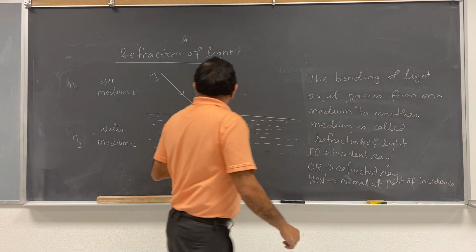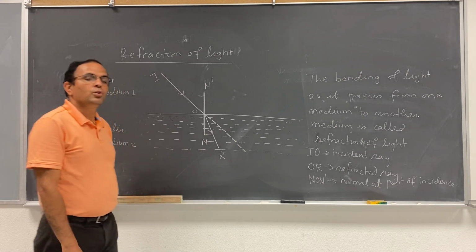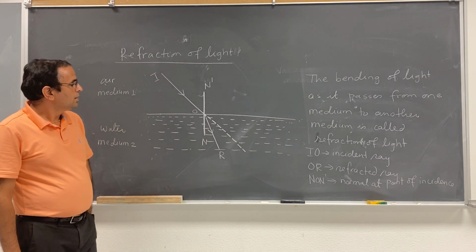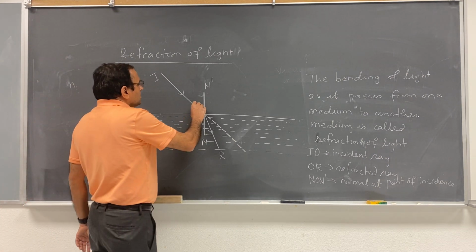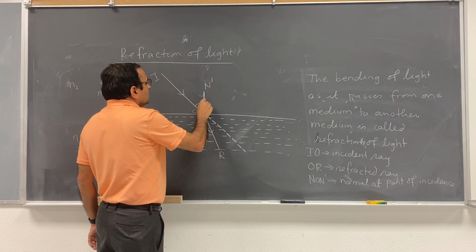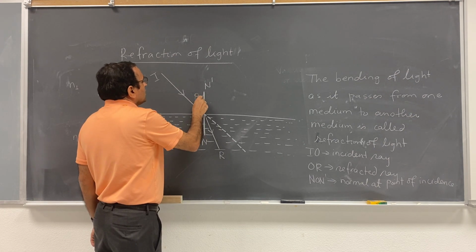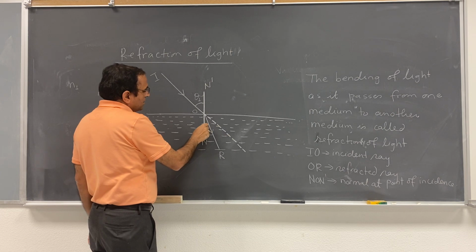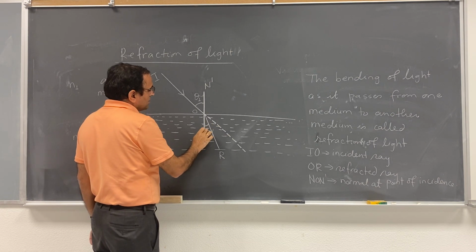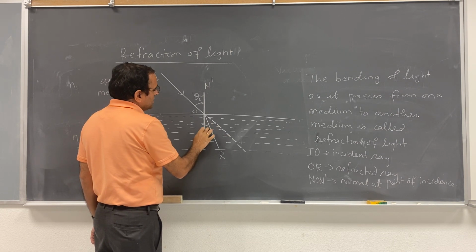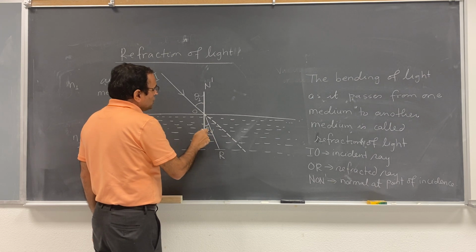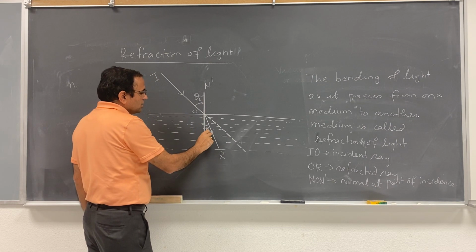Normal at point of incidence, NON prime, normal at point of incidence. Okay, and this angle I can call theta 1, and this angle here I can call theta 2. You can call them theta I and theta R also, it's up to you.